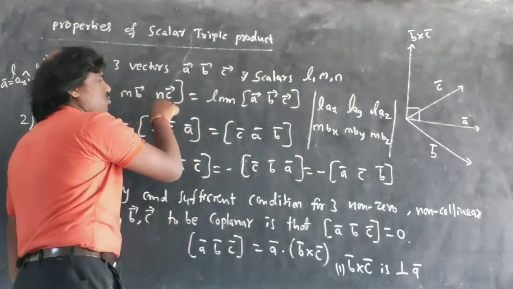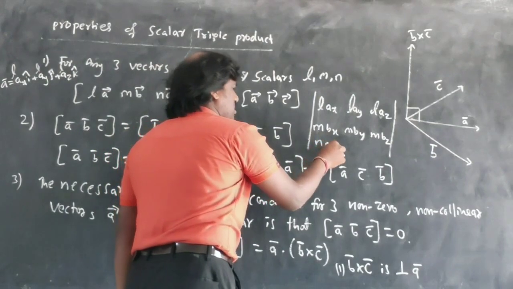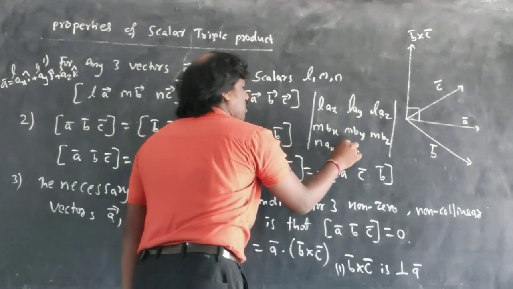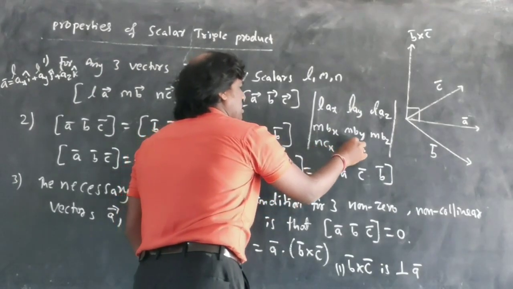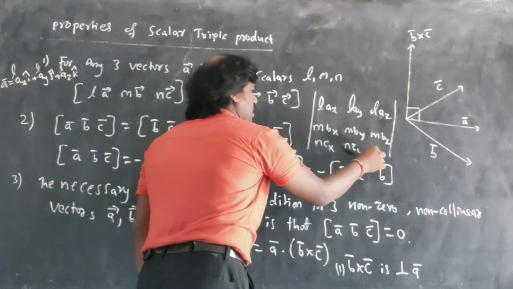And n times the c vector gives ncx, ncy, ncz.